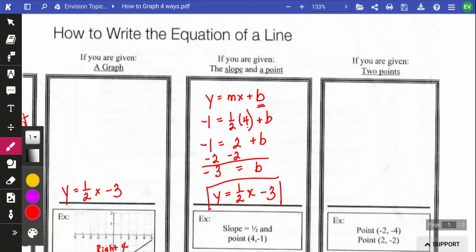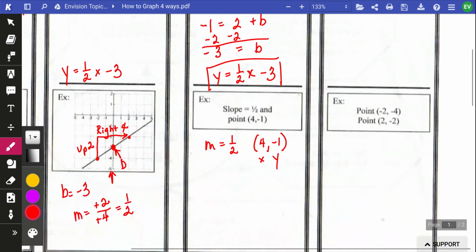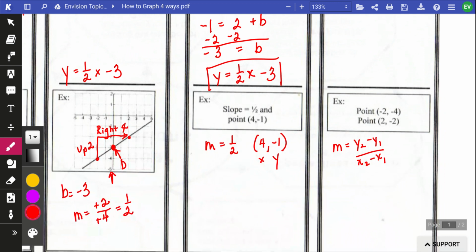So the fourth way is if we're given 2 points. In this case, we don't know what the slope is. We have to calculate it first. So remember, the slope formula is y2 minus y1 over x2 minus x1. It really doesn't matter which point is your first point and which point is your second point, as long as you're consistent. So m equals, I'm going to use those two as my y, so -4 minus -2.